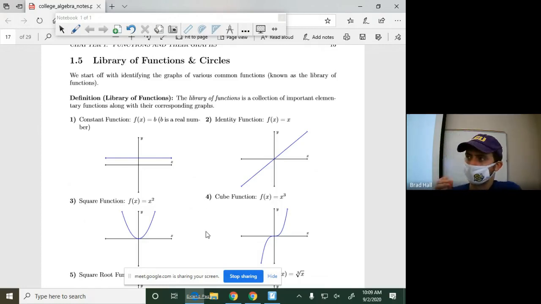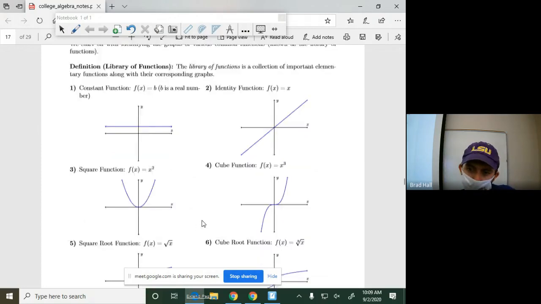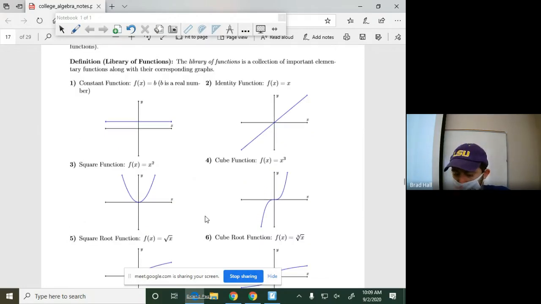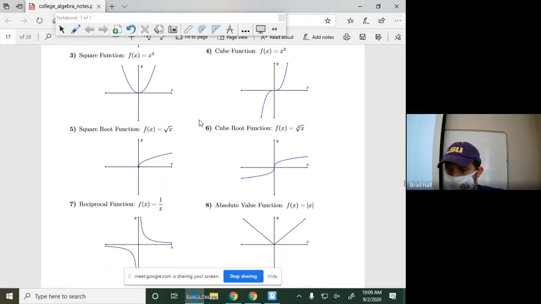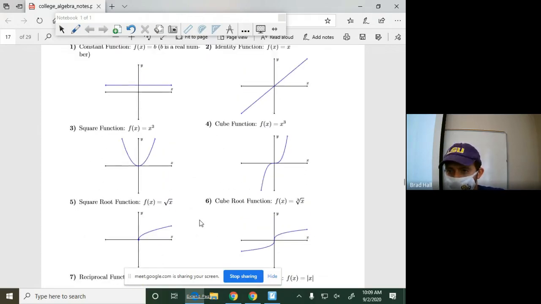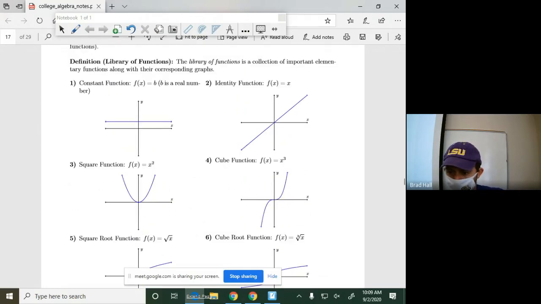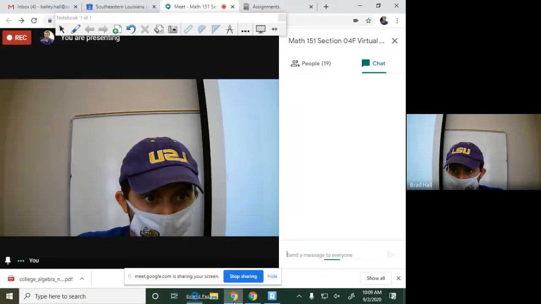The more complicated a function gets, sometimes we want to know, what's its basic shape look like? And for pretty much every function we're going to deal with in this class, they will reduce down to one of these 8.